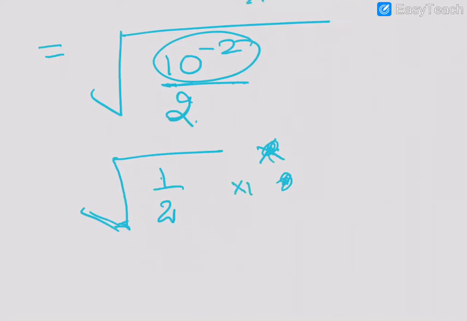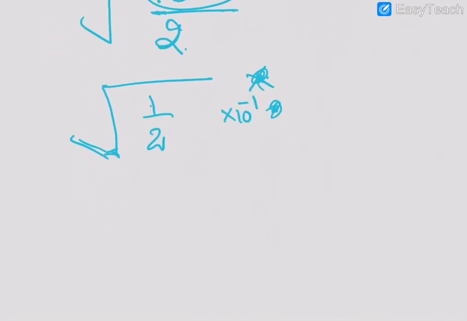So into 10 raised to minus 1, 1 by 2 what will it be? 0.5, right? So into 10 raised to minus 1. So you can find out the square root of 0.5.